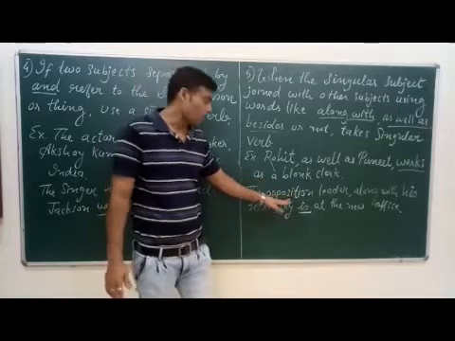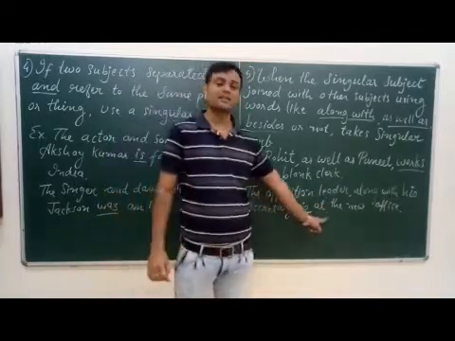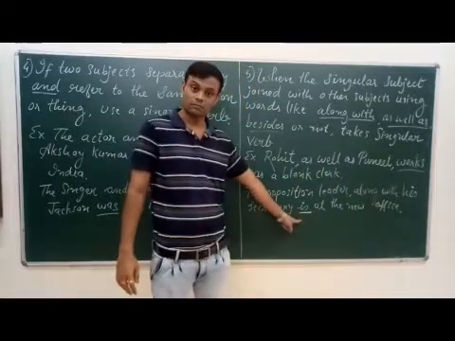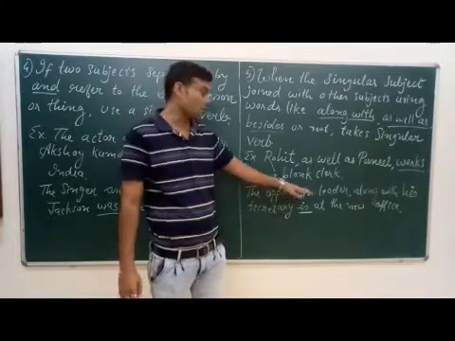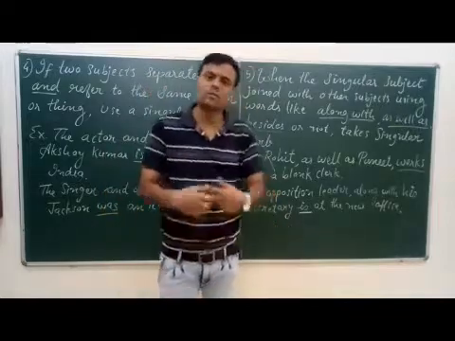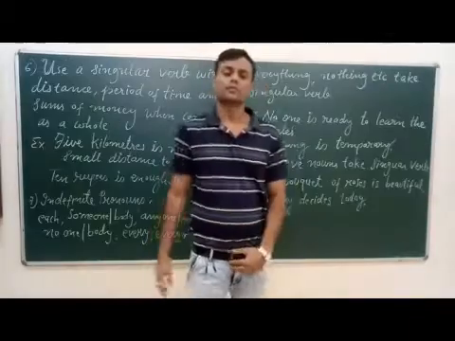So see, the opposition leader along with his secretary is at the new office. Here we have used is because we have kept in mind the first subject, that is the opposition leader. Along with his secretary is not considered when we use the verb.